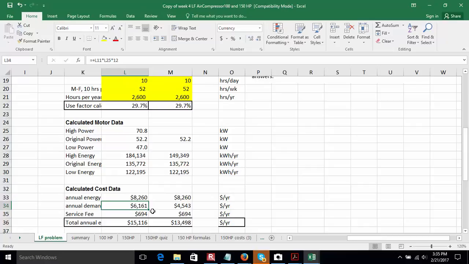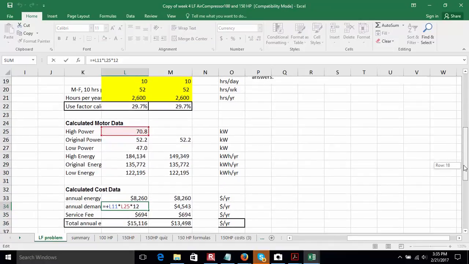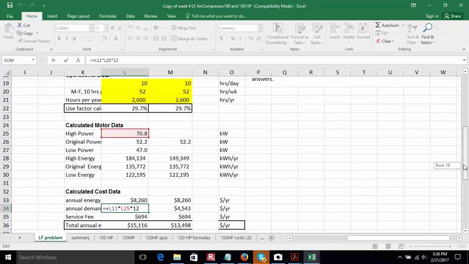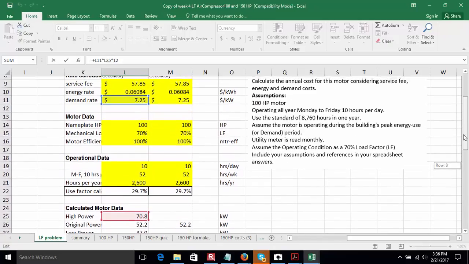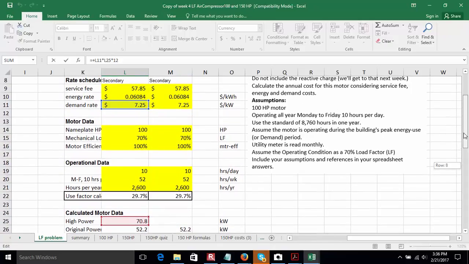Now, let's check out the annual demand. So to get the annual demand, we're looking at the high power, which is when it's running at greater capacity. And again, this is in kilowatts, so if it's running at 100 horsepower, that's approximately 70 kilowatts. So we're looking at the high power times L11, which is the demand rate.